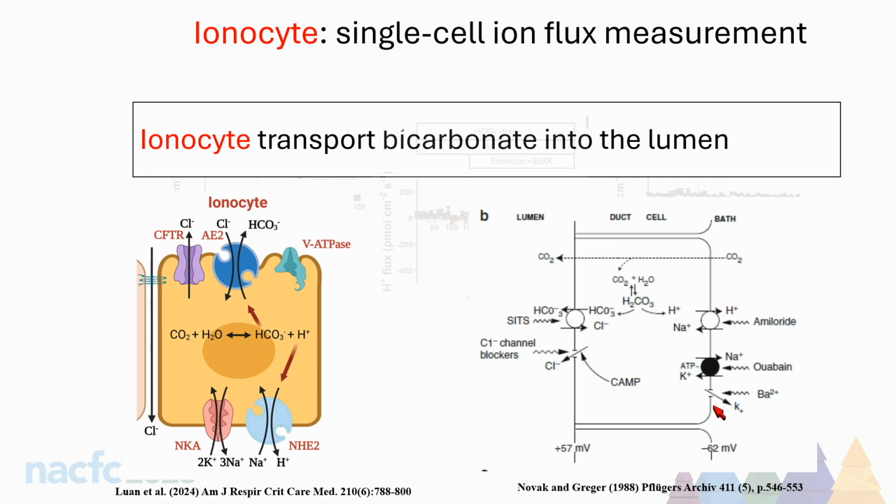I'm going to answer your question with this cell, which is much better established than the ionocytes. In the pancreatic duct cells, there is also a net proton reabsorption. So you lose the bicarbonate in this direction from the carbonic acid, and this proton needs to go away. This proton cannot just live forever as a proton; it must be buffered.